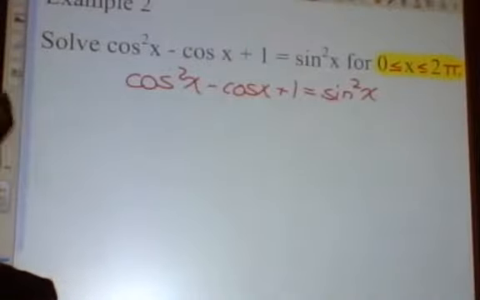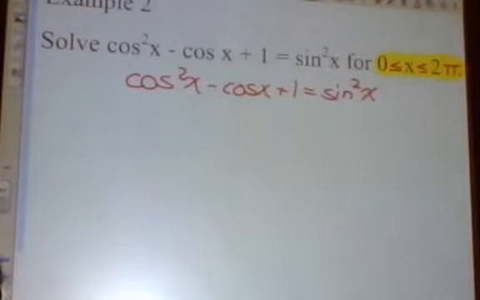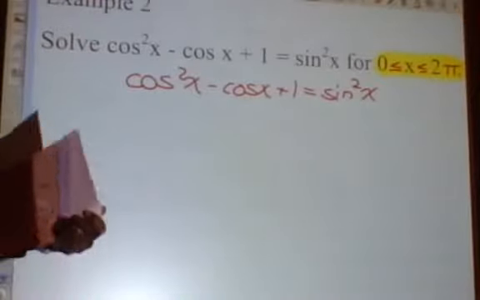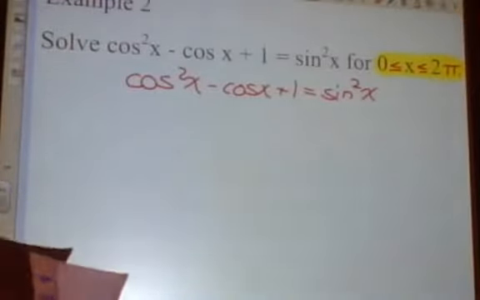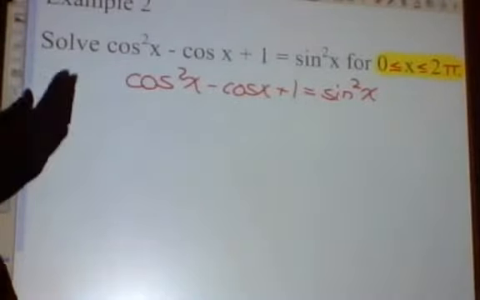Alright, so with this, the best thing to do is to think of any trig identities here that have sine in it or cosine in it. And the easiest and best thing to do is to get everything to be either all cosines or all sines. So it'd be a little bit easier to work with when we have to factor it down or break things down to get parentheses and all the good stuff, just like a regular algebraic expression.